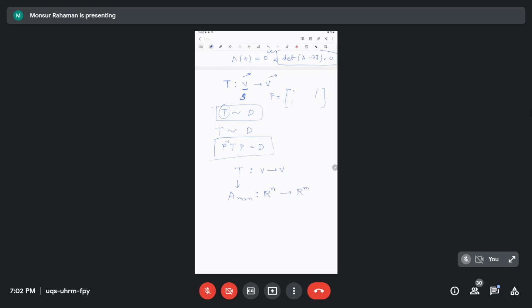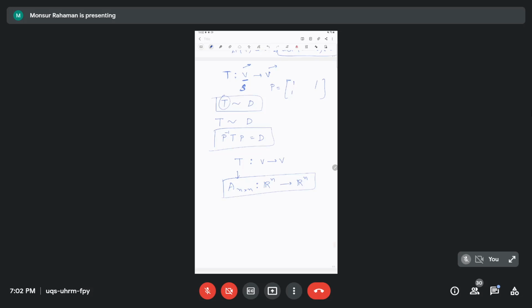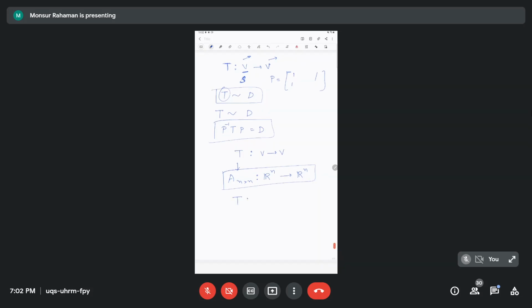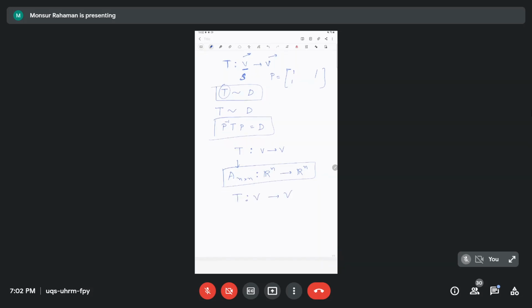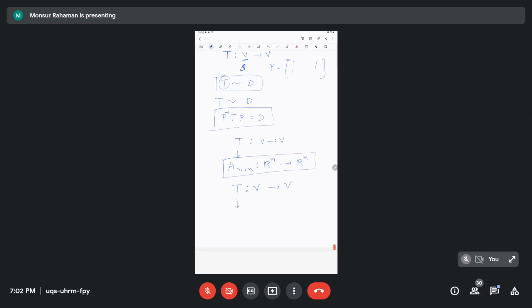If it is n by n, then R^n to R^n. So any linear transformation T from V to V is similar to some matrix, but it will give different results. It all depends on the choice of basis.